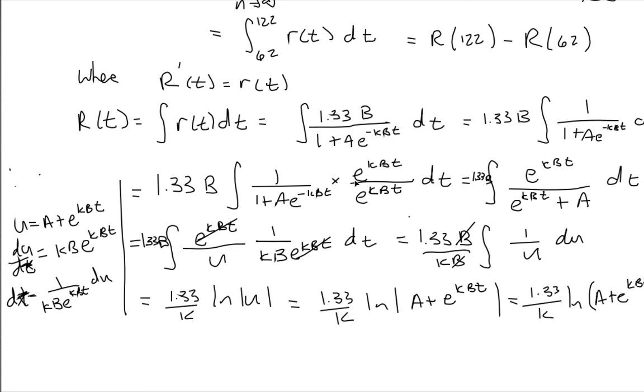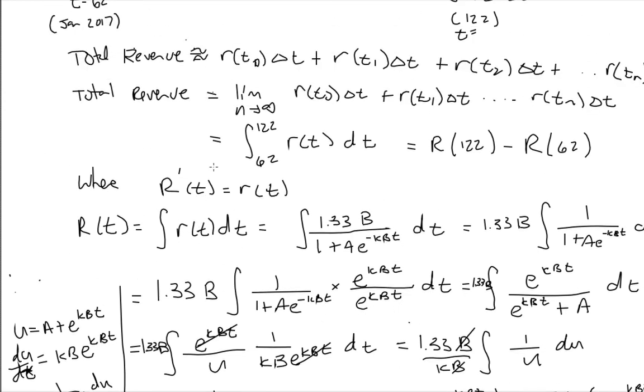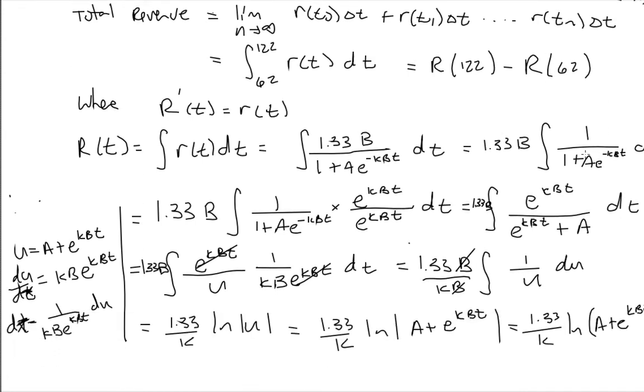So what was the point of doing all that calculation? The point was, if we remember, the total revenue, because we define it as a definite integral, the total revenue is this antiderivative R, which we just calculated, at t equals 122, minus this antiderivative at t equals 62.